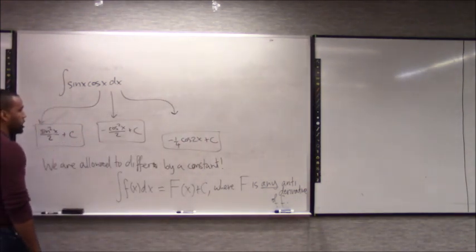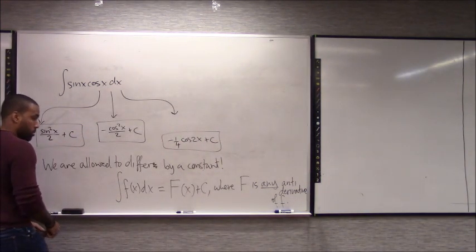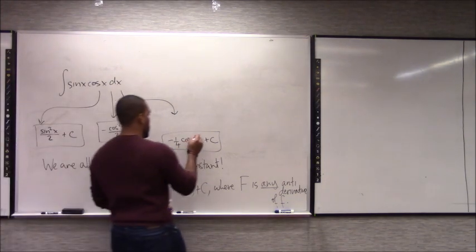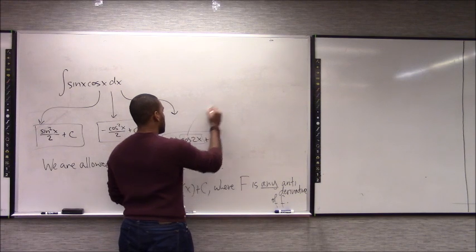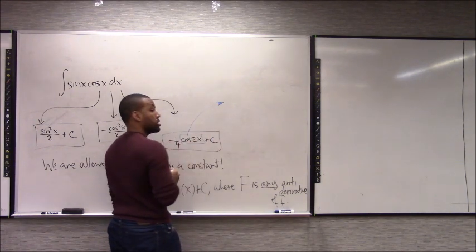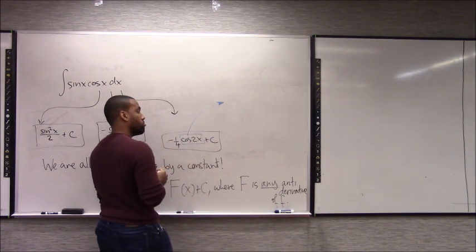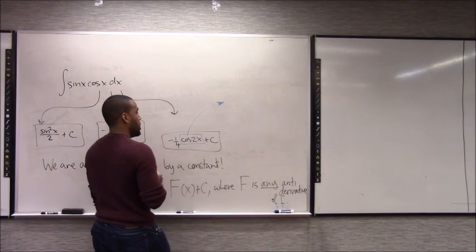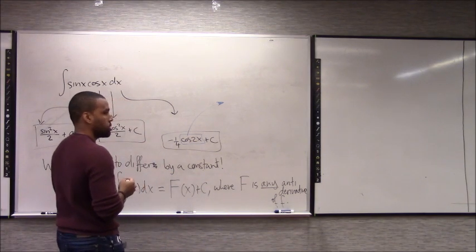Because we actually have, by the way, another trig identity that I do expect you guys to remember, cosine of 2x. Do you know how that looks in at least 3 ways?